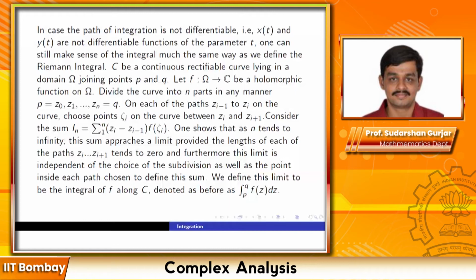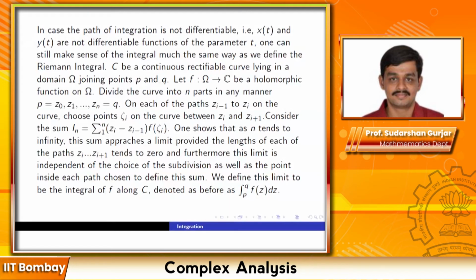So take the difference of z_i and z_{i-1}, multiply it by the value of the function at any point in between, and take the summation from 1 to n. One shows that as n tends to infinity, this sum approaches a limit, provided the length of each of these paths tends to 0. Furthermore, this limit is independent of the choice of subdivision as well as the point inside each path chosen to define this sum.